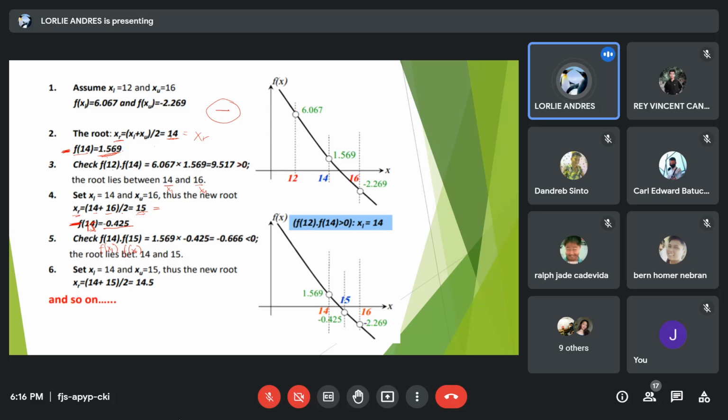When you multiply them, what you get is a negative value, which is less than 0.